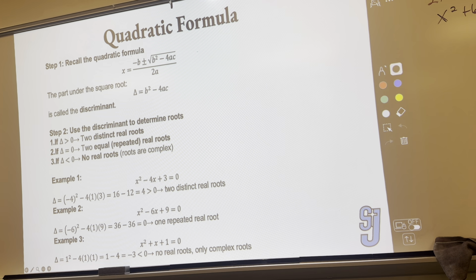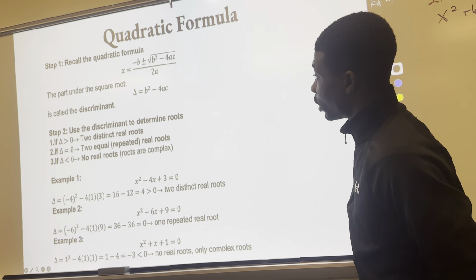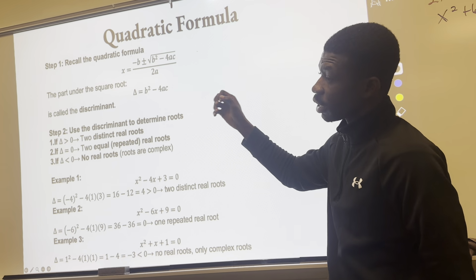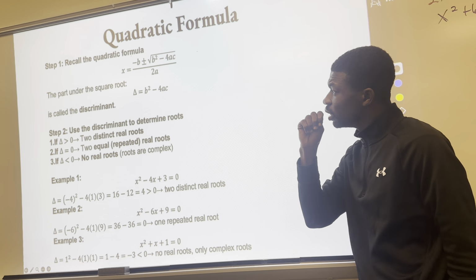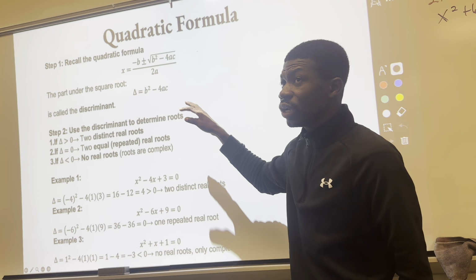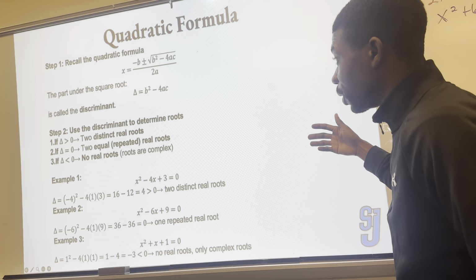Okay, so this is also the quadratic formula that is used to solve a quadratic equation. Eventually, this is much easier and can solve every quadratic equation that you see.